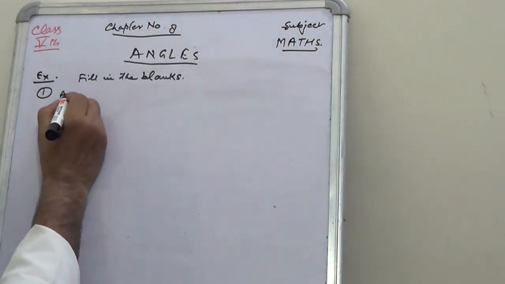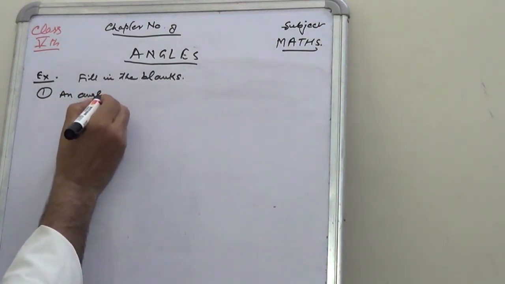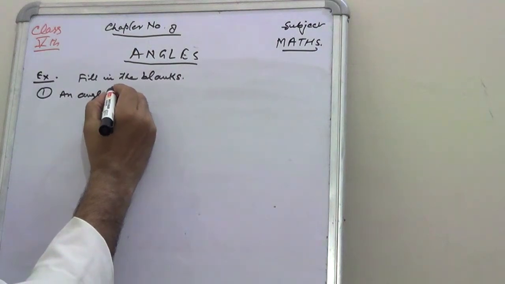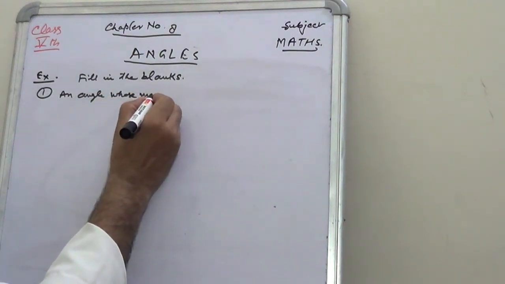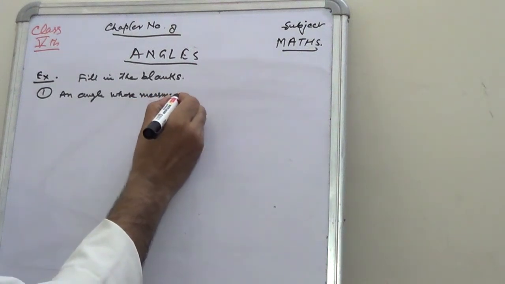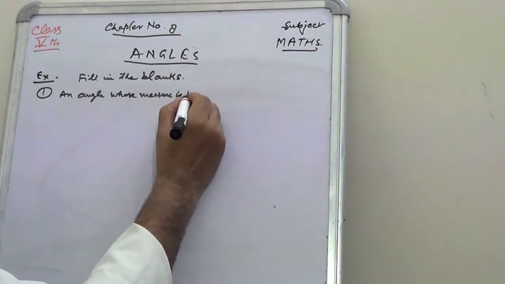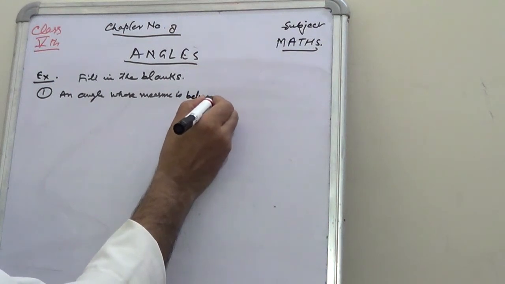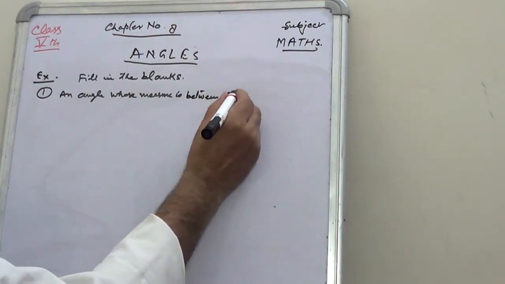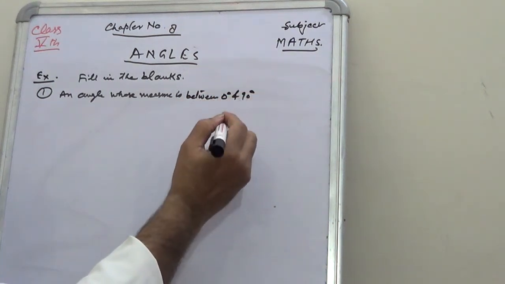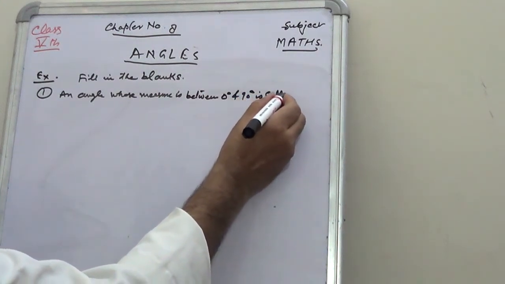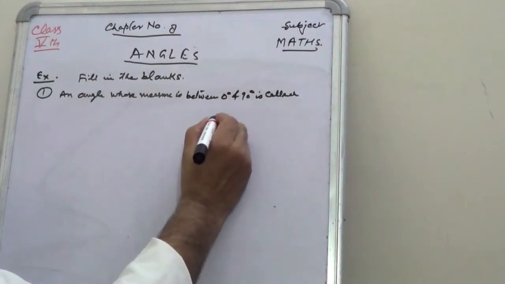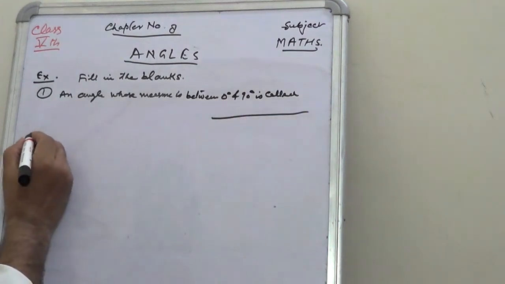An angle whose measure is between 0 degree and 90 degree is called, you have to fill it here.